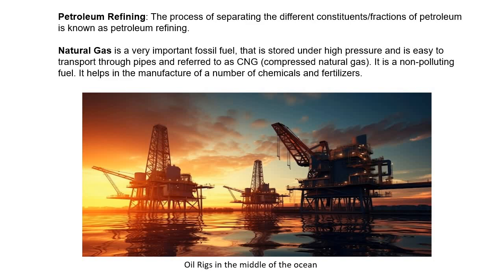These fractions are further processed and converted into over 2,500 finished petroleum products, that is byproducts. Refineries separate crude oil into smaller fractions to produce fuels like gasoline and diesel, as well as non-fuel products and raw materials for the chemical industry.